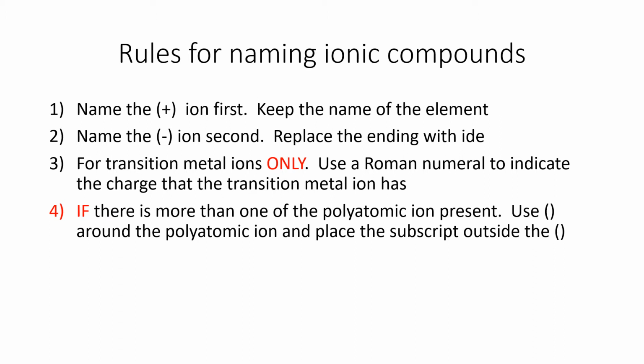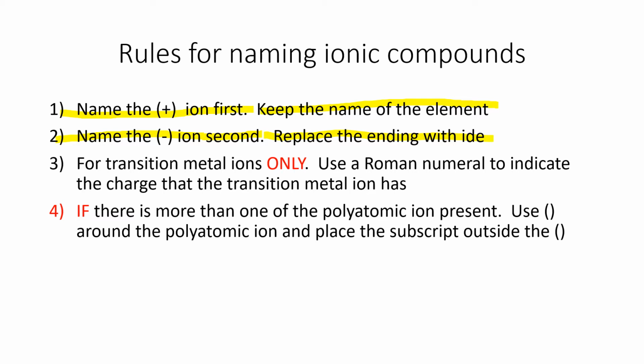So let's start with our rules for naming ionic compounds. You'll see this slide quite a bit in this presentation as we go through the rules. The first couple of examples just deal with the first two rules. We'll always name the positive ion first, and we keep the name of the element. Then we'll name the negative ion second, chopping off the ending of the element name and replacing it with -ide.